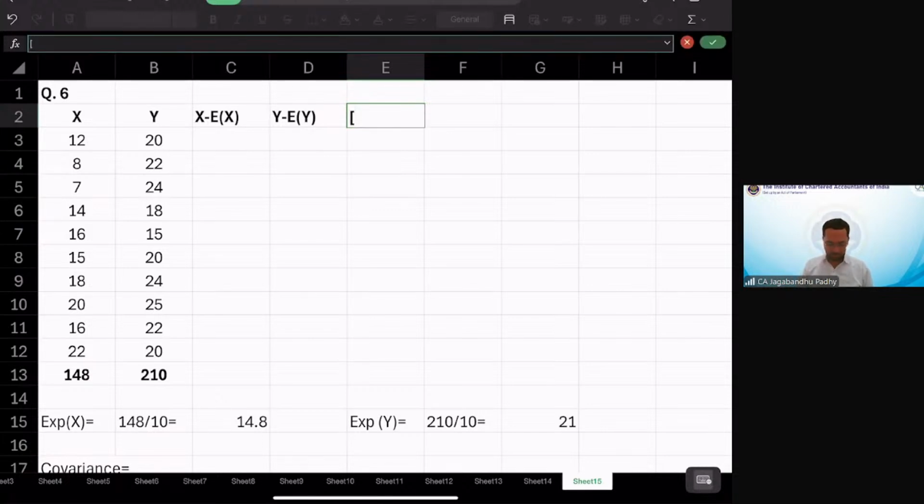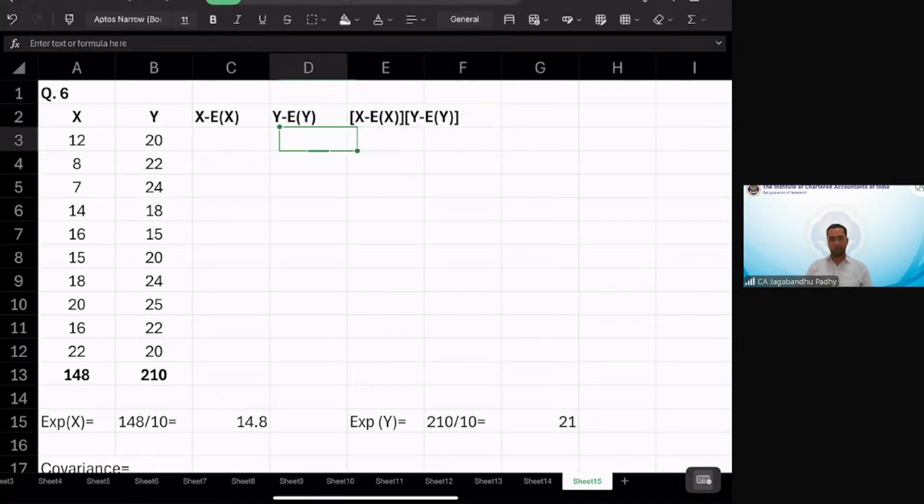So this is going to be x minus expected value of x, multiplied by y minus expected value of y. Right.